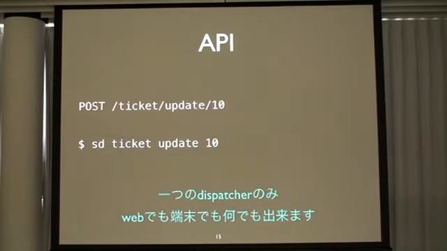If you're using the dispatcher for a web interface, then you want slashes, but if it's a command line interface, you want spaces. So you only need one dispatcher, and both of those rules can match, depending on what you're doing. So I think that's kind of nice. You don't have to write your dispatcher twice, and it makes sense.